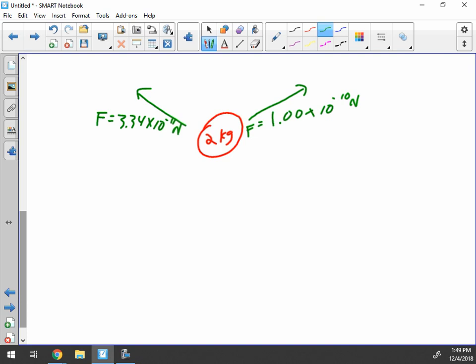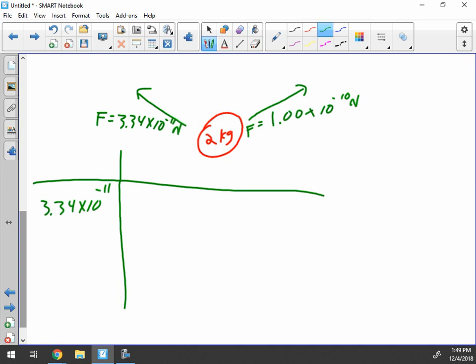So for the 3.34 times 10 to the negative 11, we're going to, like I said, break this up into our x part and our y part. So for the x part, we would have 3.34 times 10 to the negative 11. The x part is cosine, so we would have cosine of our angle, and the angle for this one is 30 degrees.